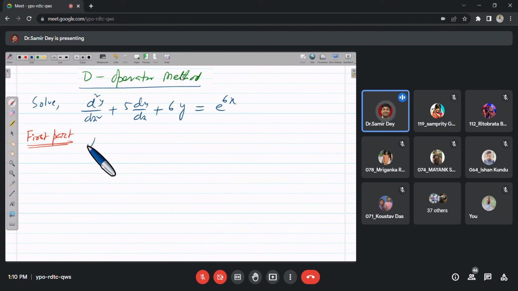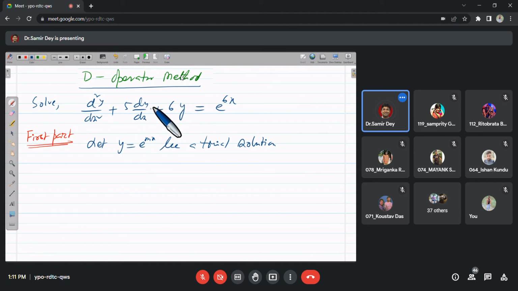So here you should write: let y equals e to the power mx be a trial solution. Whatever higher order differential equation you have, on the left hand side, every time you have to consider this as a trial solution. This e to the power mx is a trial solution.